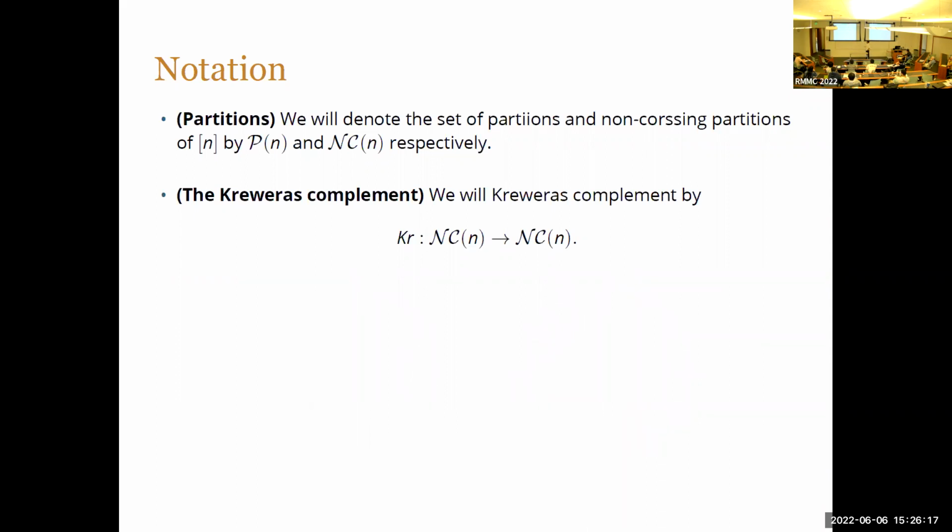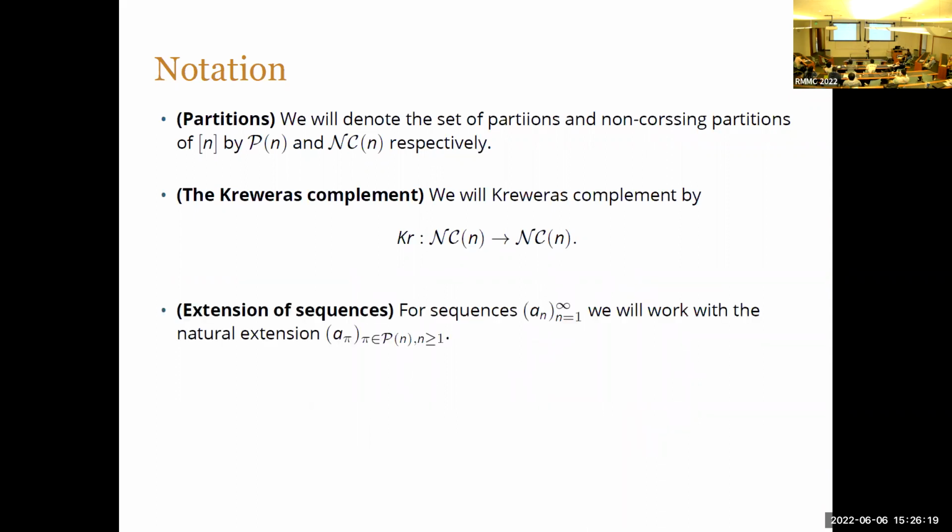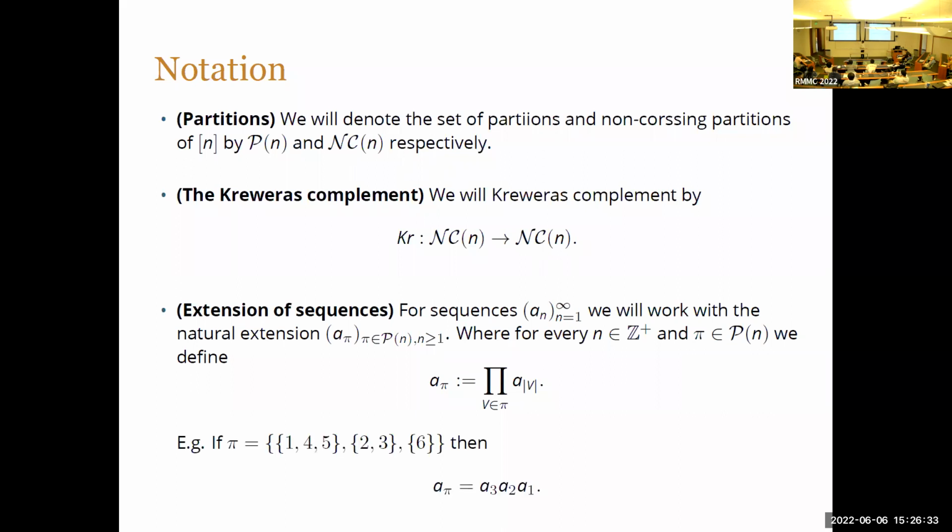So that's the Kreweras complement. And this already appeared also. So if you have some sequence indexed by integers, you can extend that sequence and now index it by partitions where each a pi is going to be defined in this way. So this is just as in the previous lecture.